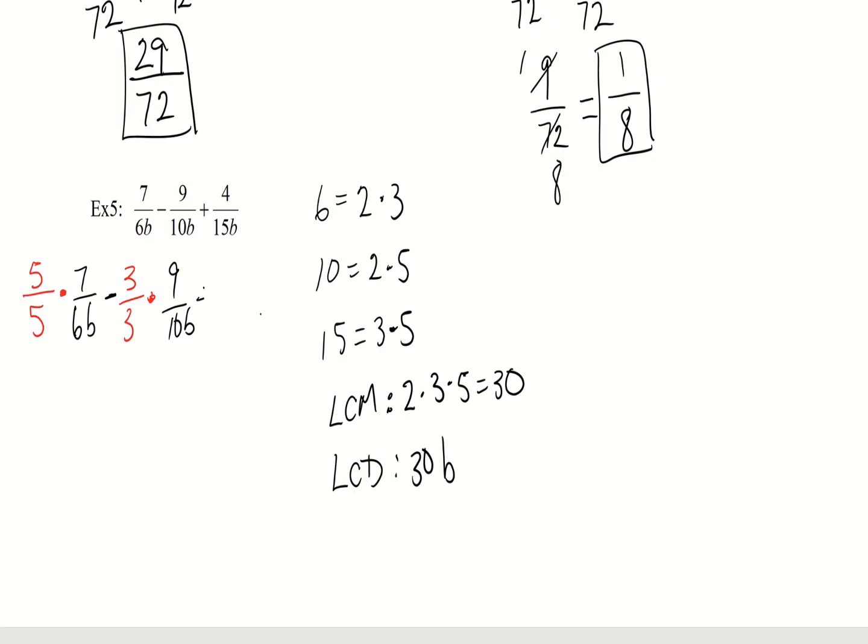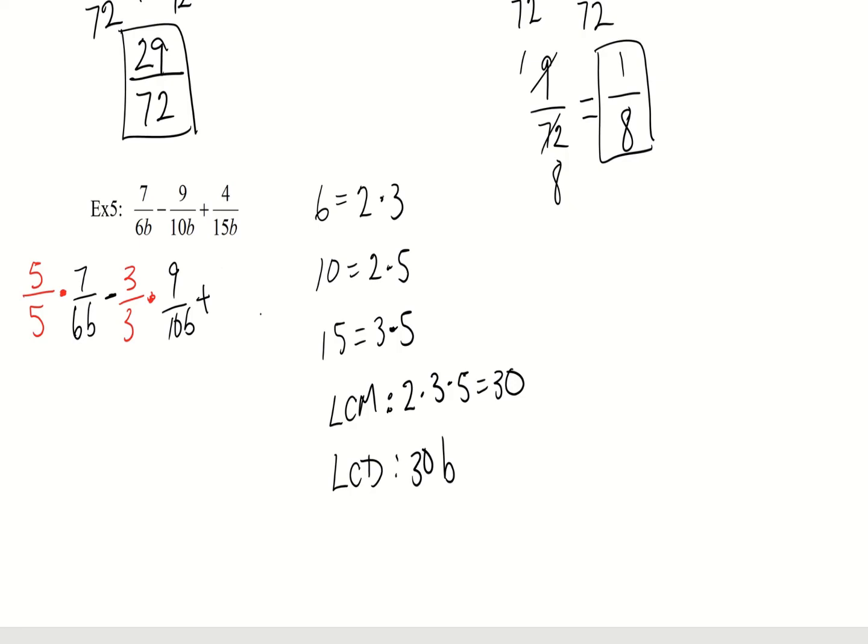And then this is going to be plus multiplying that last term, numerator and denominator, by 2. So 2/2 times 4/15b.